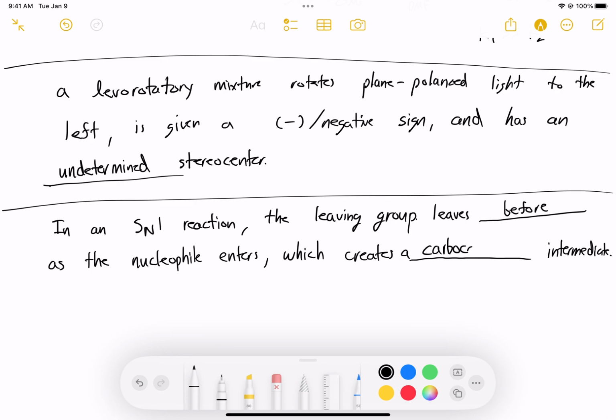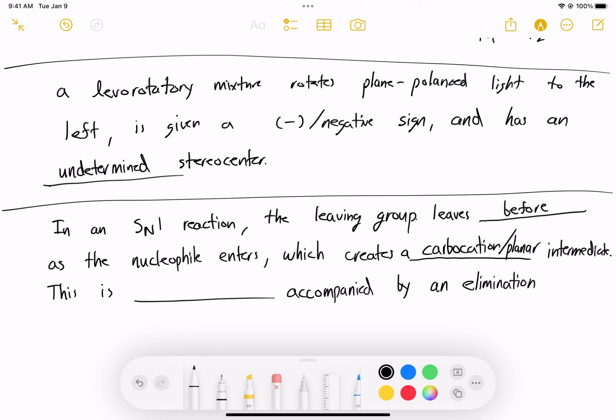We could say it's carbocation, or we could say planar. A planar intermediate, right? And then, in addition, this is accompanied by an elimination reaction. So for SN1, it's always accompanied.